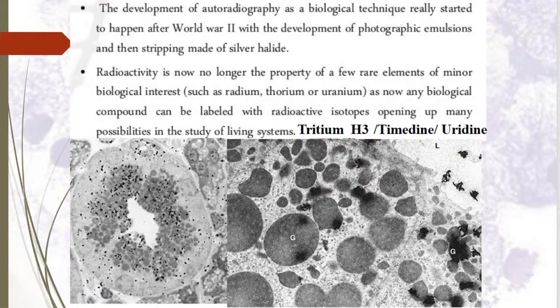the activities of genes. Autoradiography was developed as a biological technique, but developed very fast after the Second World War, with interest in labeling with radioactive isotopes. Ordinarily, we use tritium. Tritium is hydrogen-3, mass 3.